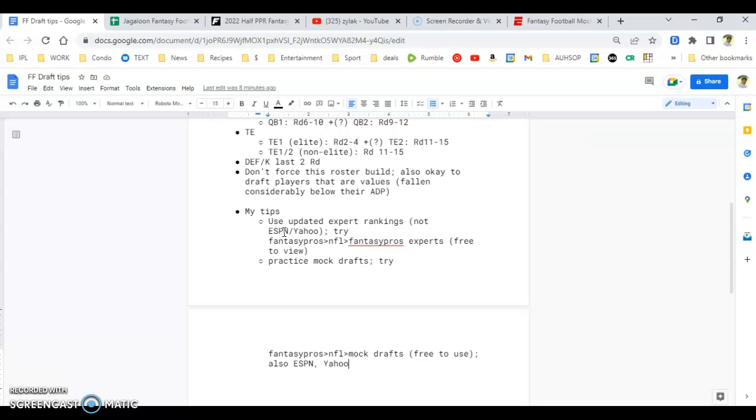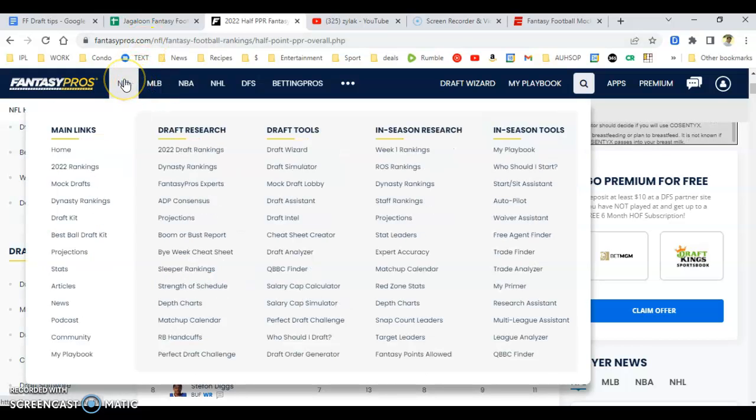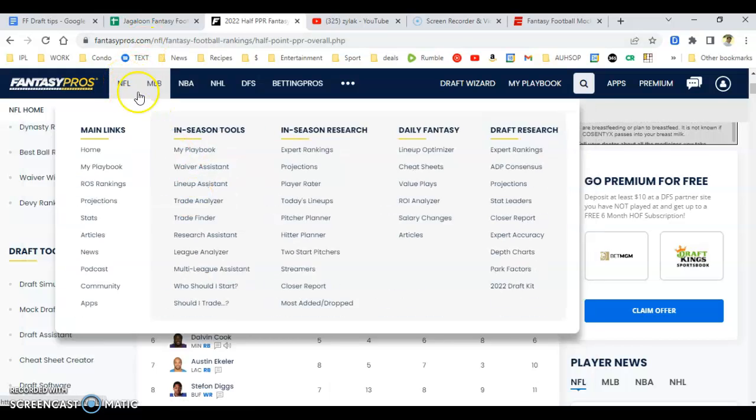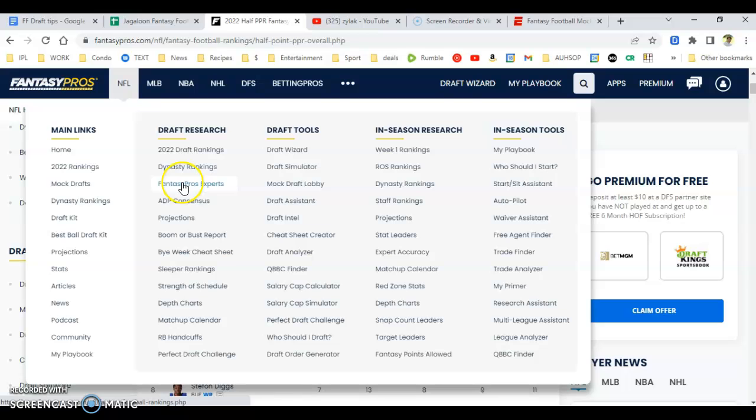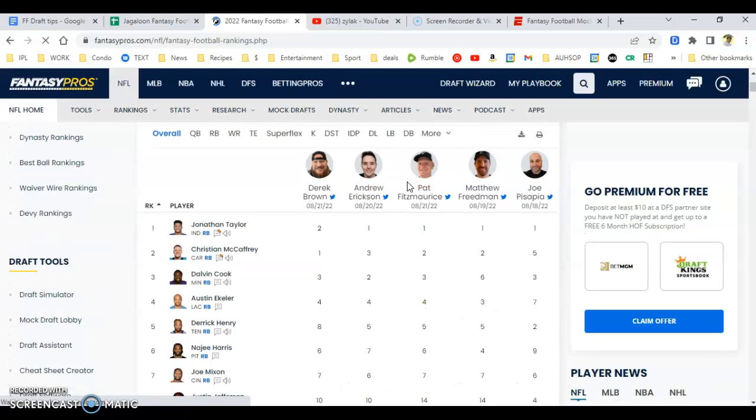My tips would be to try to use some expert rankings, not just go by what pops up on the screen on ESPN. One place that I go to that's free is called Fantasy Pros. So if you go to Fantasy Pros and you go to NFL Fantasy Pro Experts, it shows these guys right here.